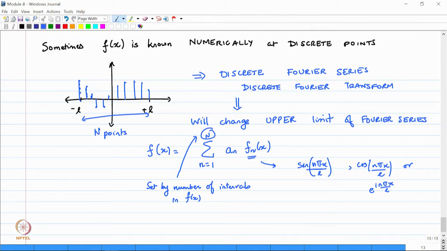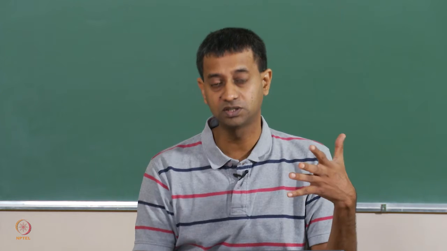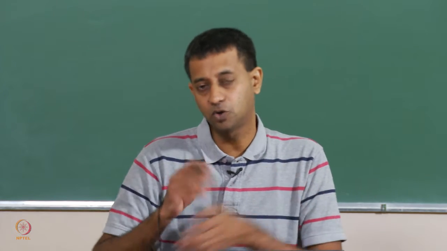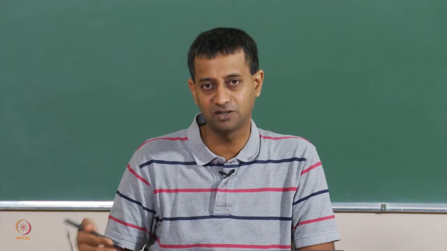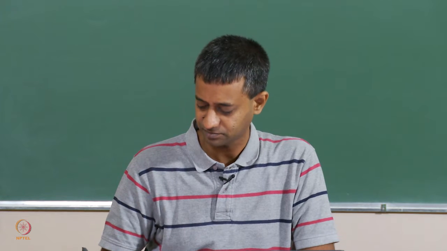We will discuss this later when we are talking about Fourier transforms. But what this means is that you can use these ideas of Fourier series even for functions that are discontinuous. We can also use them for functions which are not known at all the points, which we know only at discrete points, and this is something that happens in a lot of numerical calculations.